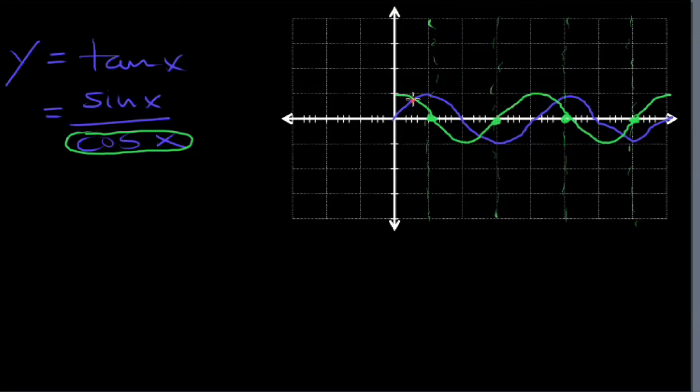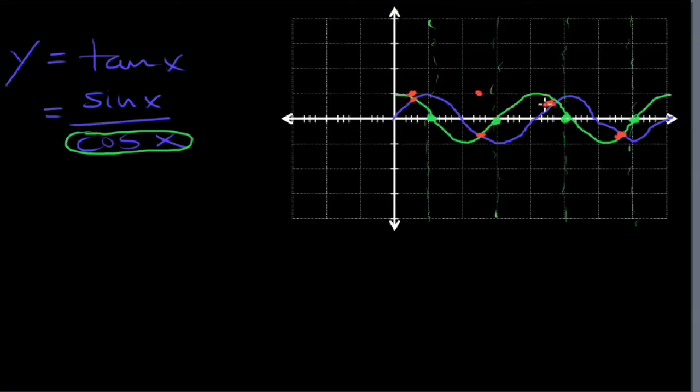Right here, they're equal. Right here, they're equal. Those should have been equal, right? Like right there. I was a little sloppy, but they should have been equal there. So it turns out that at these places where the graphs cross, the graph will have a value of 1, because that's a negative divided by a negative, so 1.